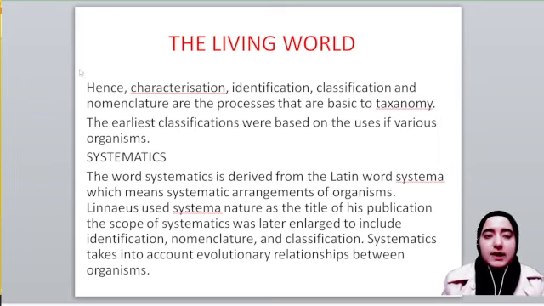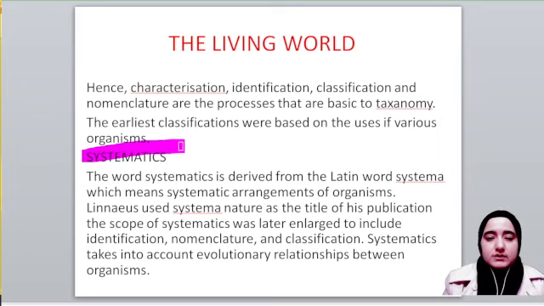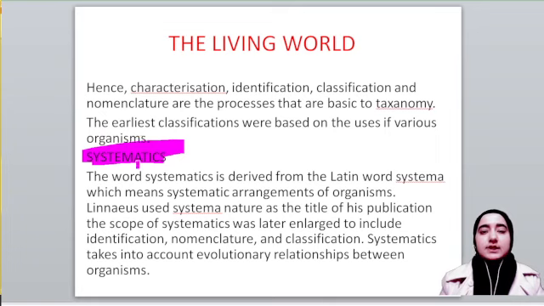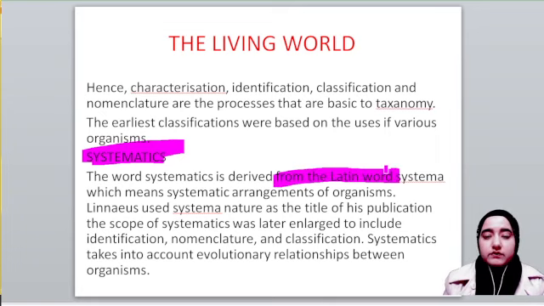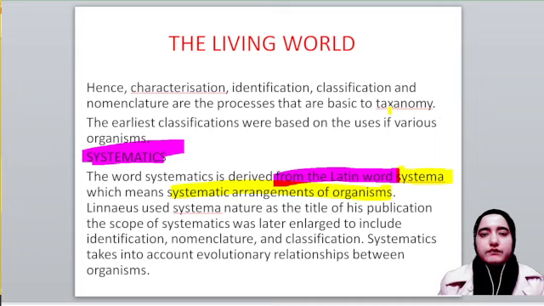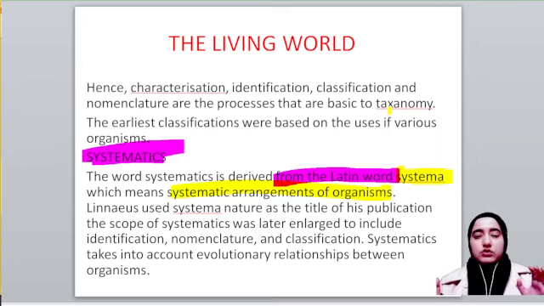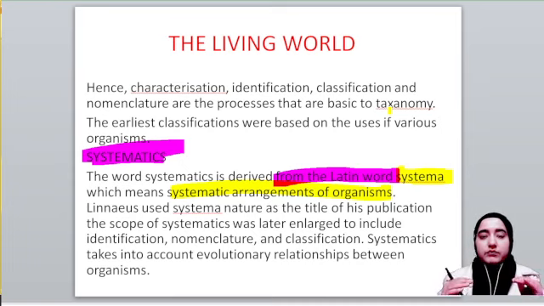Talking about systematics, what does systematics mean? Systematics is derived from the Latin word systema, which means systematic arrangement of organisms. As I already told you, if we go to a chemist shop, the chemist has already done that classification very well.